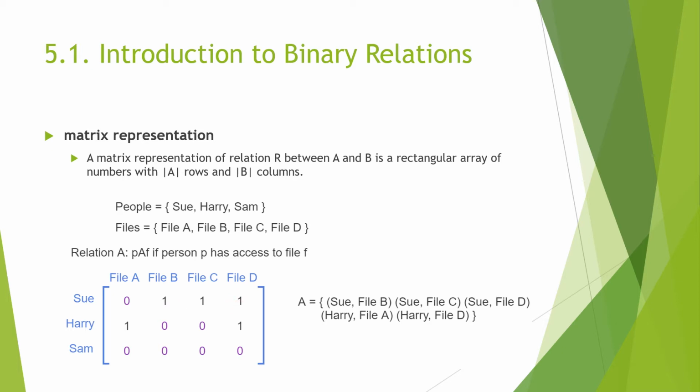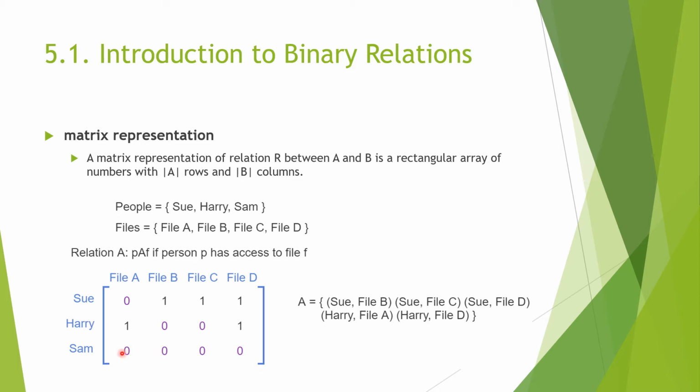Sue and file B is 1, Sue and file C is 1, Sue and file D is 1, which means that Sue has access to all the other 3 files B, C, and D. In the same way, since Harry has only access to files A and D, in the second row we have 1 in the column for file A and 1 in the column for file D. The numbers in columns B and C in Harry's row are equal to 0.